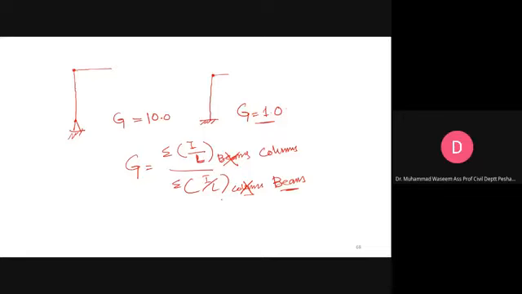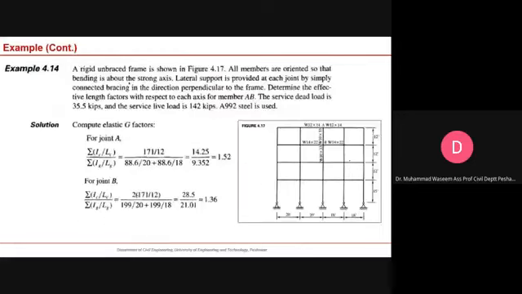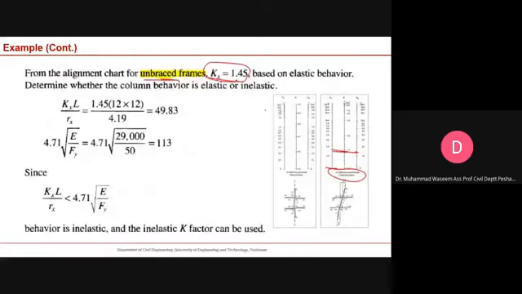Now how does a nomograph look? So I will go to this slide. This is a nomograph. There are two types of nomographs. One is for frames in which the side sways are prevented, like the braced frames. And the one in which the side sways are not prevented, we call an unbraced frame.